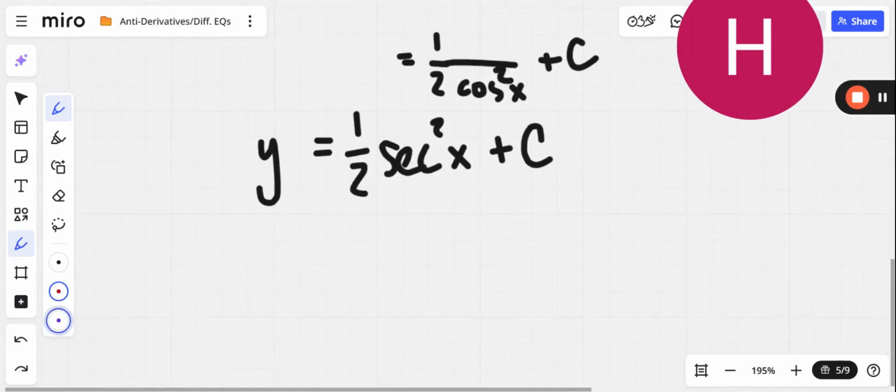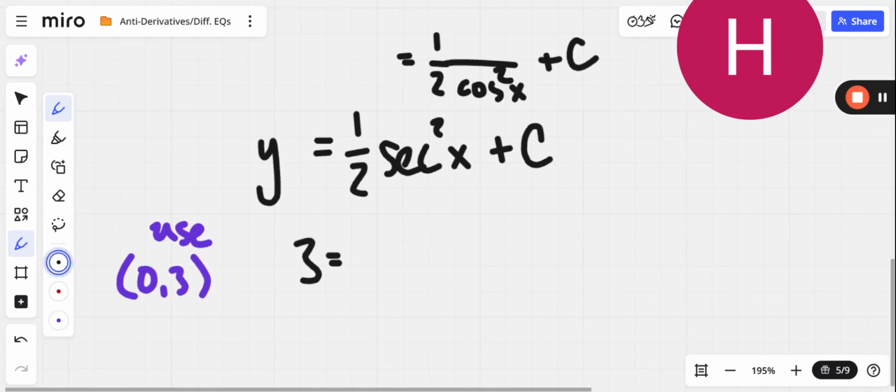Now, if we use the initial condition, which said that y of 0 equals 3, we're going to use the point 0, 3, and this will be 3 equals 1/2 of secant of 0 squared. Secant's 1 over cosine, everybody. Shouldn't come as a shock. 1 over cosine squared is secant squared, just like we have here.